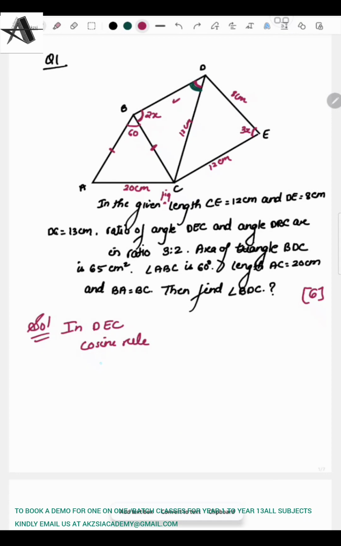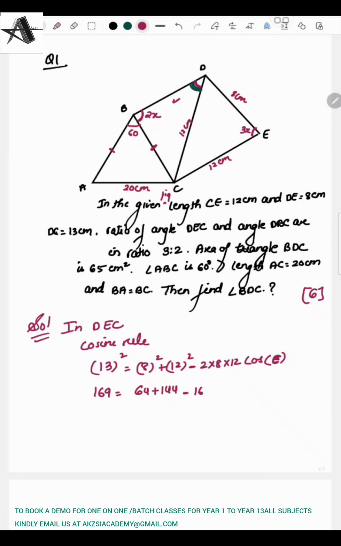That means I have to say 13 squared is equal to the sum of squares of the other 2 sides, 8 squared plus 12 squared, minus 2 times 8 times 12 cos of, let me say, angle E. Then this is 169, this is 64 plus 144 minus 16 into 12 cos E. On further solving, this gives 169 minus 64 minus 144.